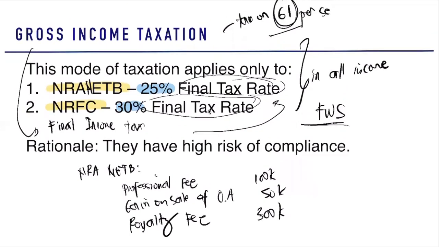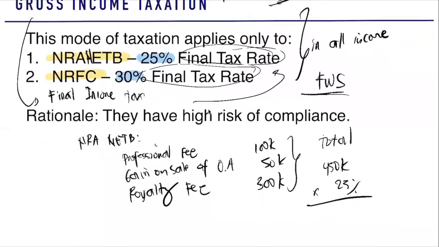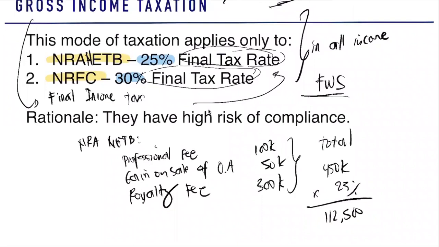We said it is taxed at gross income. So you just total this income. So we have 450,000 and it is taxed at final tax rate. So times 25%. So 450,000 multiplied by 25%. So that is the amount of the tax of our NRA and ETB, 112,500.